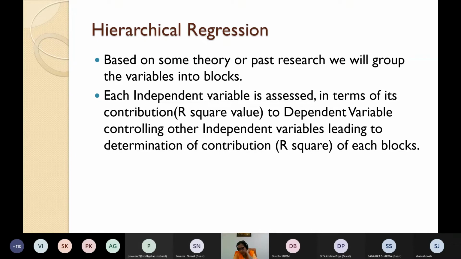And as I said, it's an appropriate tool for analysis when the variance of a criterion variable is being explained by predictor variables which are correlated with each other.